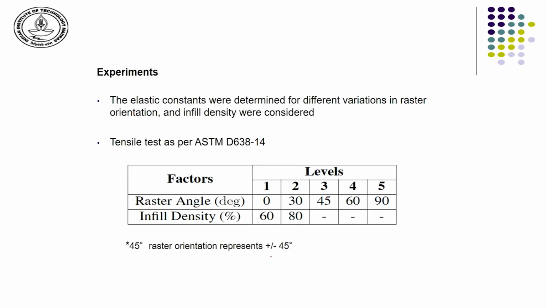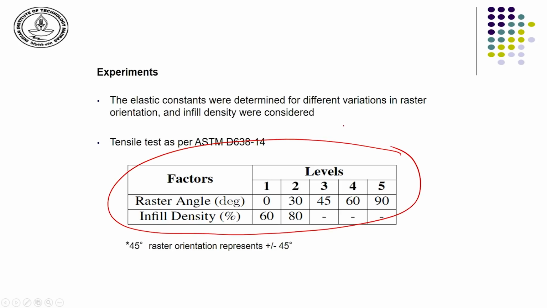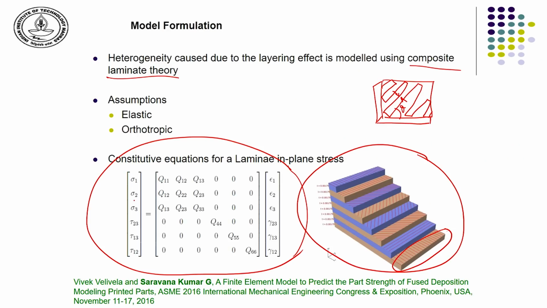Here I am just quoting some example work. This is the experimental framework to understand the effect of various process parameters like the raster angle or the infill density on the part strength. By varying these, one can create sample mechanical test pieces or tensile coupons and estimate these constants.